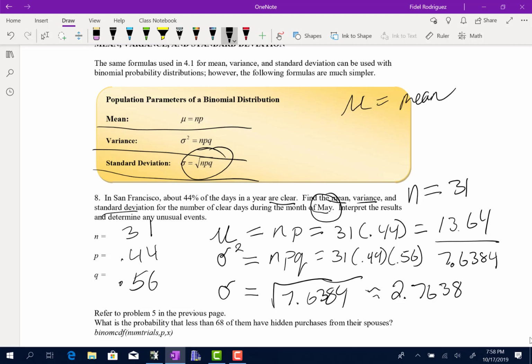Something about that? Look at the formula. The formula says whatever number you got right here, what are you going to do to find the standard deviation? Take the square root of it, right? So all I did is take the square root of that number. Does that make sense? So far we're good? Good, good.